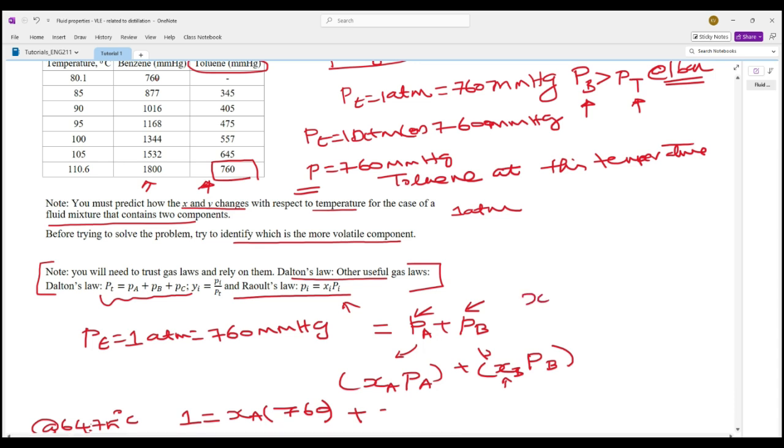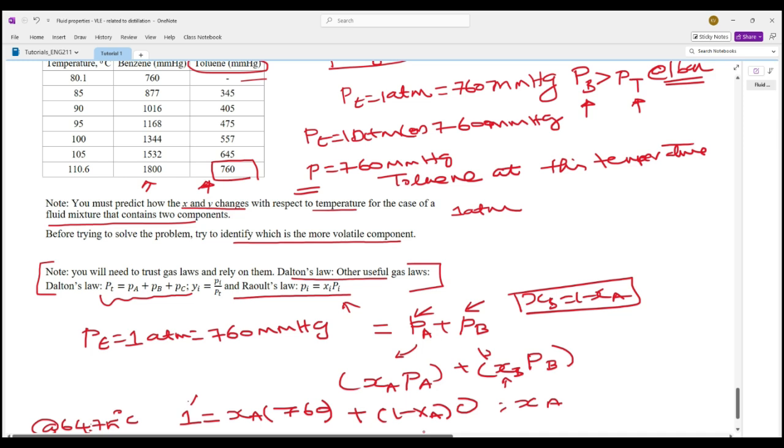We know XB is equal to 1 minus XA. So this should be 1 minus XA multiplied by the vapor pressure of toluene at this particular temperature, so this is equal to 0. If you solve this, you will get XA.